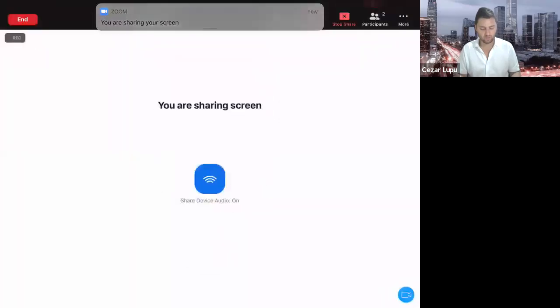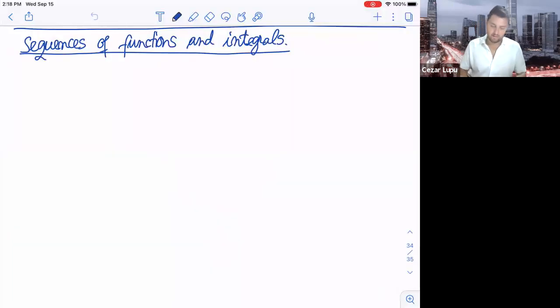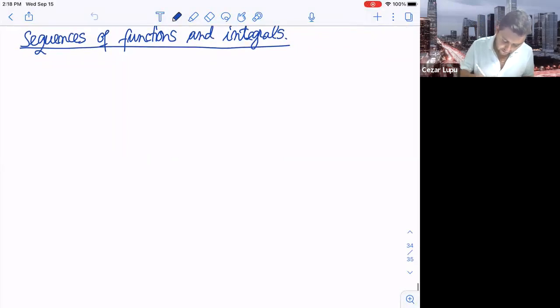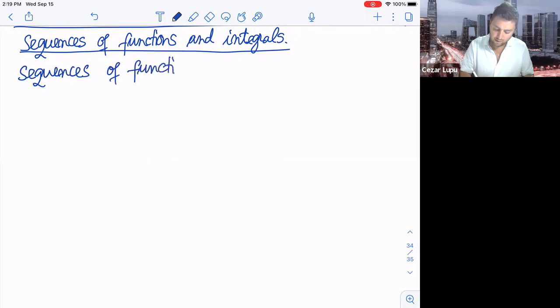All right, so let me start with some basics about the sequences of functions. In fact, I will just do a crash course in advanced calculus. And now, let's talk first about sequences of functions, and here we would like to talk about convergence.